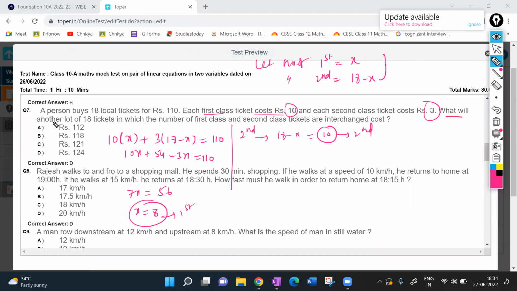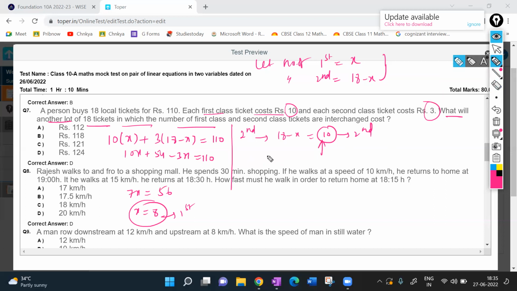What will be the cost of another lot of 18 tickets in which the number of first class and second class tickets are interchanged? Interchanged means what? How many second class tickets did I get? 10. So I'm interchanging: 10 first class tickets and 8 second class tickets.